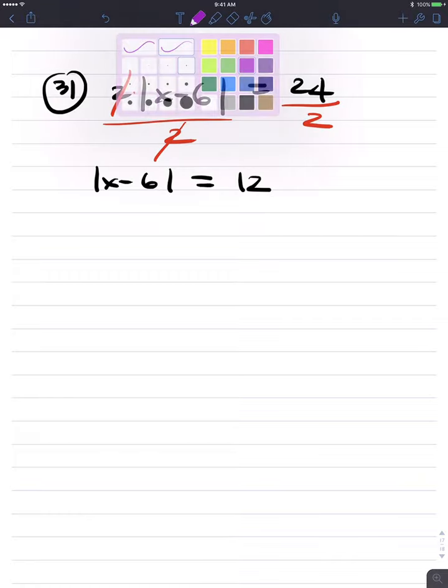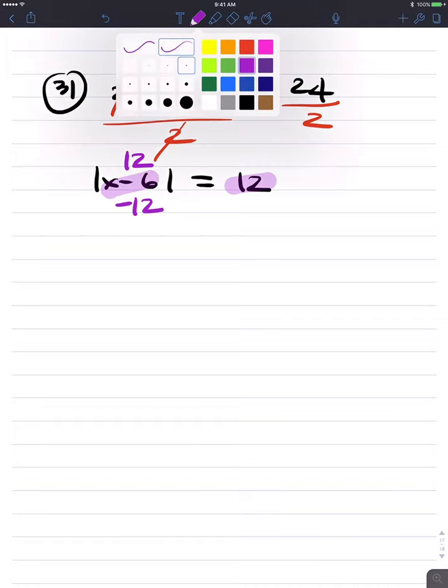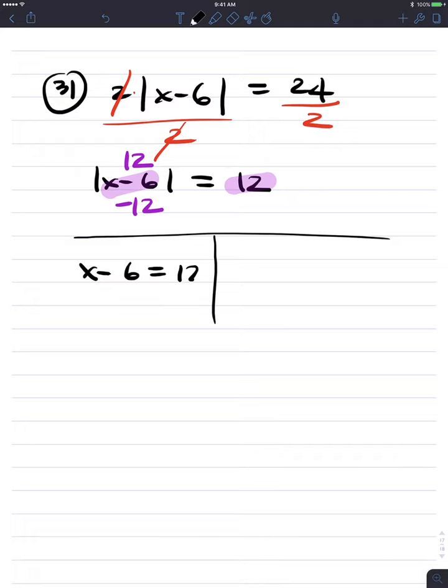Now notice x minus 6 is positive 12, or it is negative 12, because the absolute value of both positive 12 and negative 12 is positive 12.